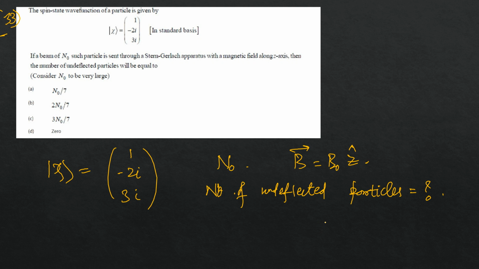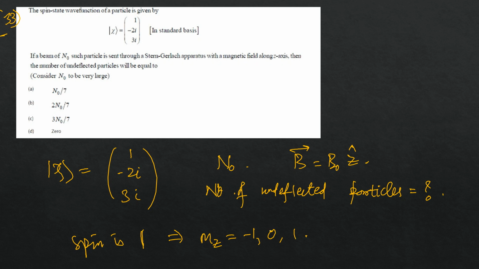So spin state is expressed in 3D space. Okay. So how is it expressed? Like for example, the spin is 1. So mz values will be what? Minus 1, 0, 1, isn't it?